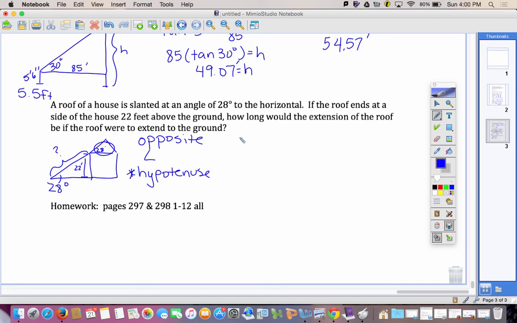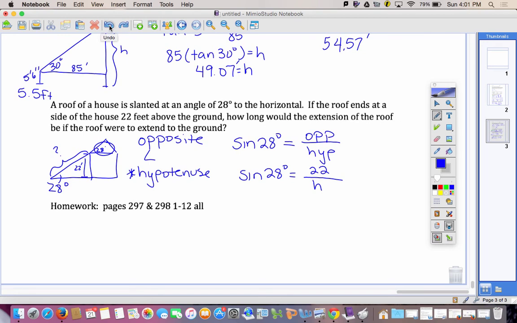So sine is opposite divided by hypotenuse. In this case, we have sine of 28 degrees equal to 22 divided by the hypotenuse, which is what we don't know. So let's just shorten that and say h, because that'll be easy.